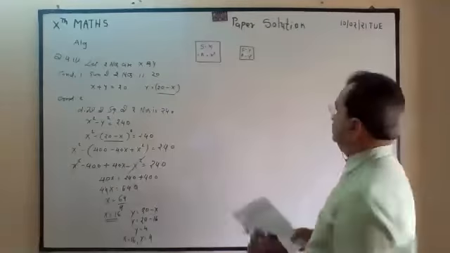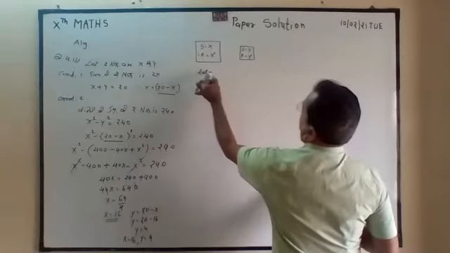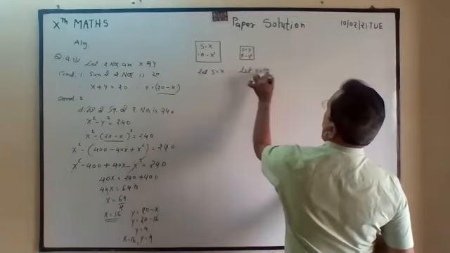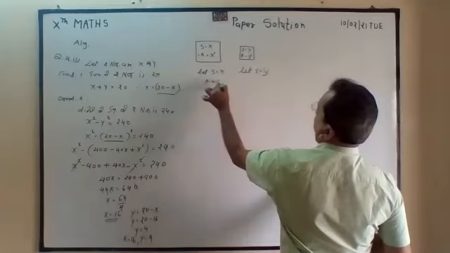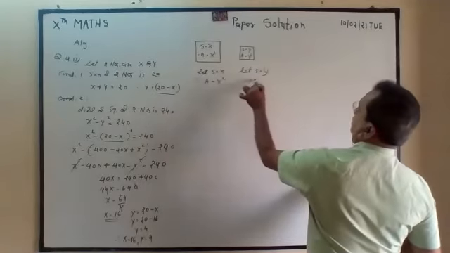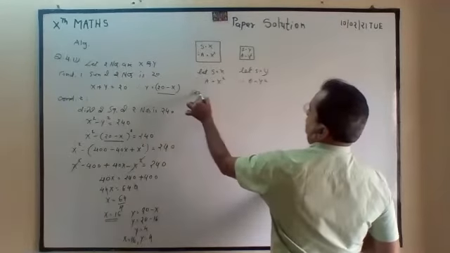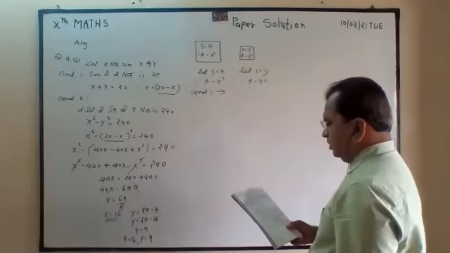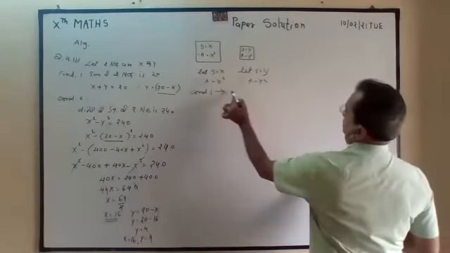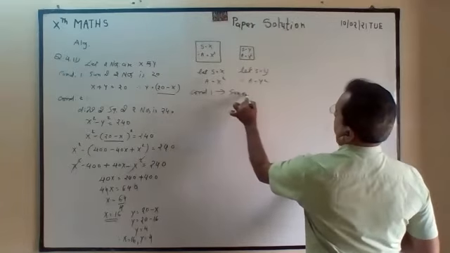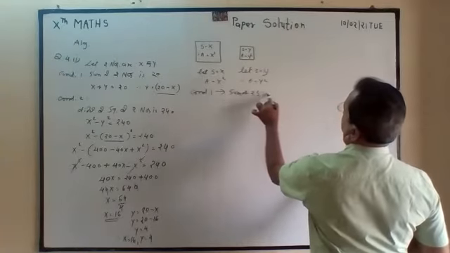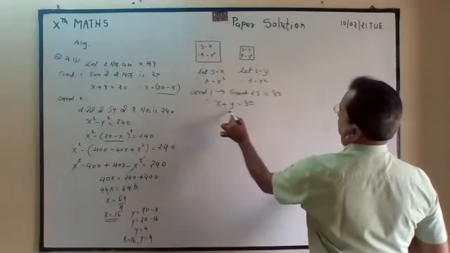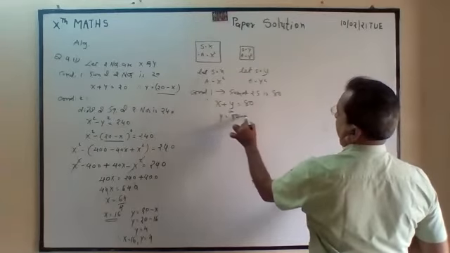Condition 1, sum of two sides is 80. Therefore x plus y is equal to 80. Therefore y is equal to 80 minus x.